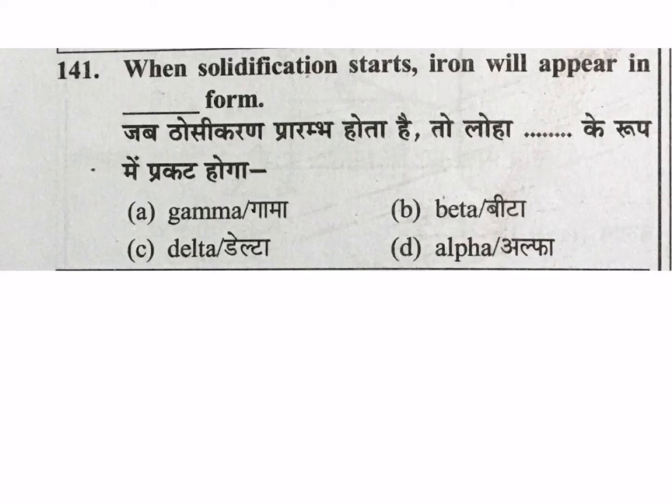First question: when solidification starts, iron will appear in dash form. So from liquid state to solid state, 1539 degrees Celsius is the melting point.